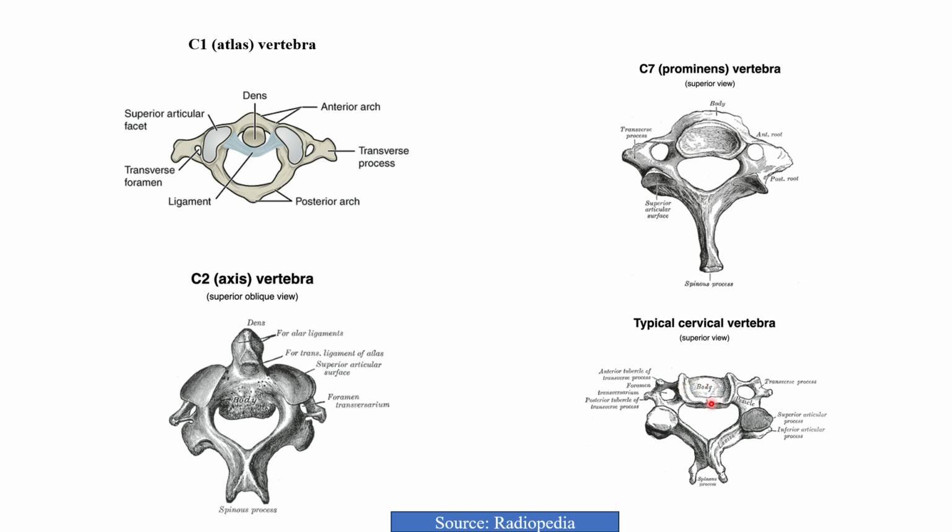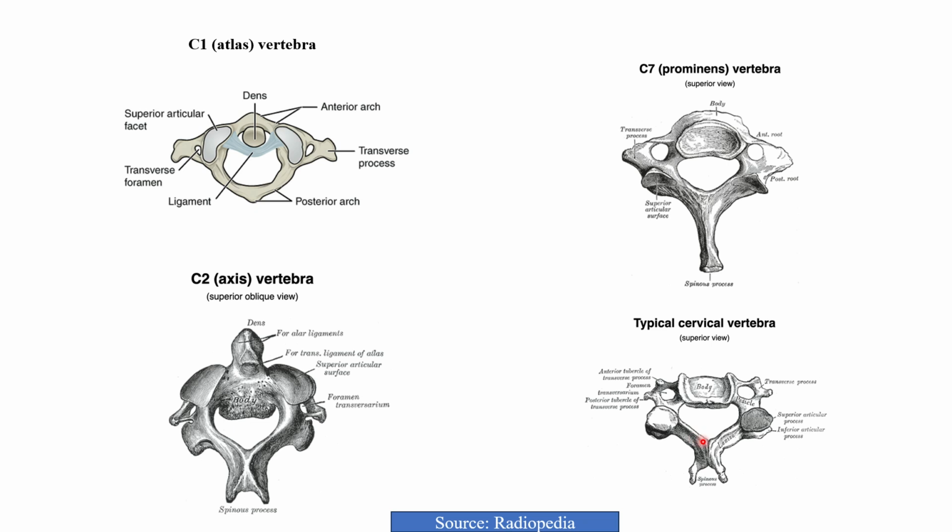A typical cervical vertebra consists of a body whose transverse diameter is greater than the anteroposterior diameter, so it's a small vertebral body. It has a small transverse process with a classical transverse foramen that accommodates the vertebral artery. It has facet joints, which are superior and inferior articular surfaces or processes, aligned in the frontal and transverse planes.